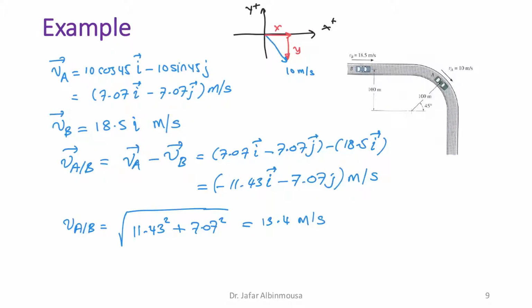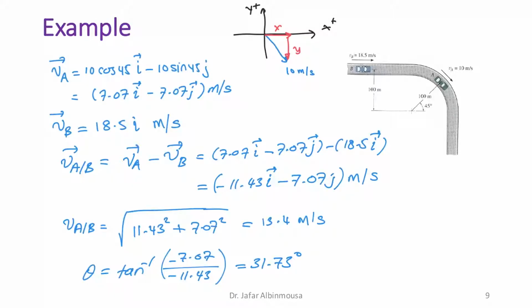Now, if we want to know the angle theta, it is equal to the tan inverse of the y component, 7.07, divided by 11.43, since the minus signs cancel out, which is going to be 31.73 degrees.